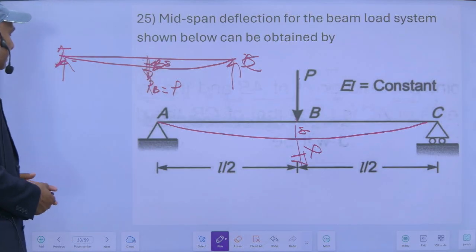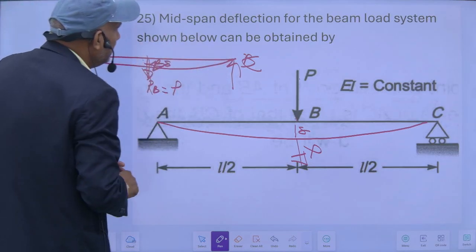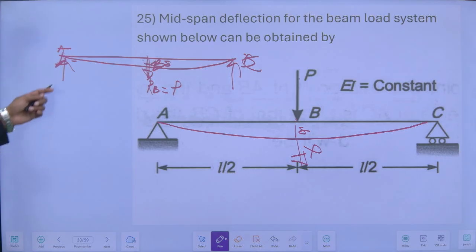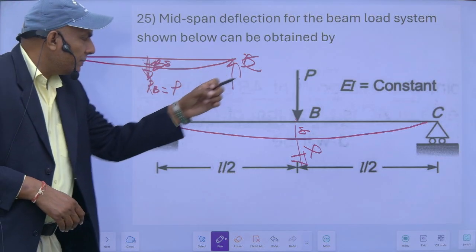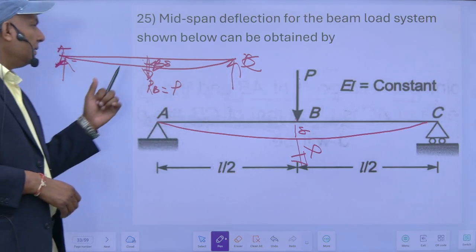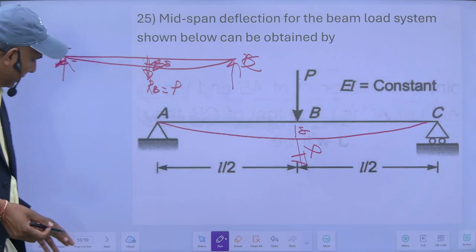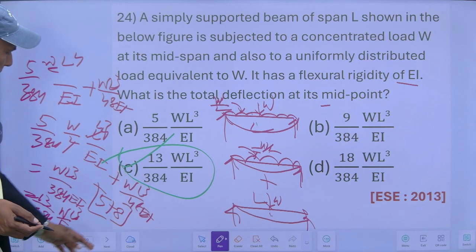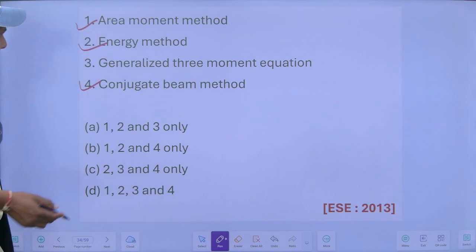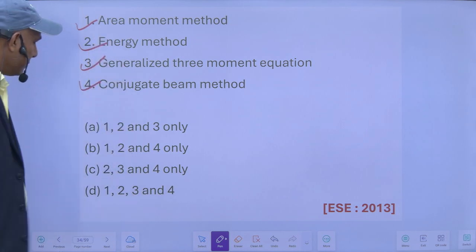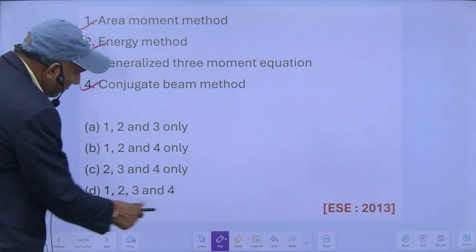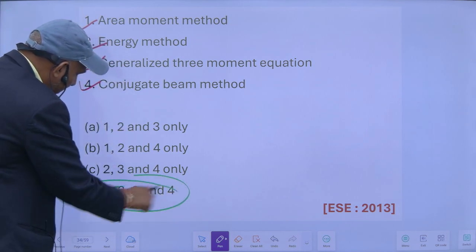So I can find the moment at this point, and this moment is 0, MA is equal to 0. So I can use the 3 moment equations and find this delta. So 3 moment equation can also be applied. It means all are correct options. So 1, 2, 3 and 4, this is the right answer.